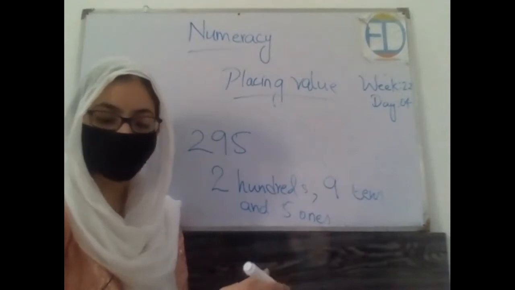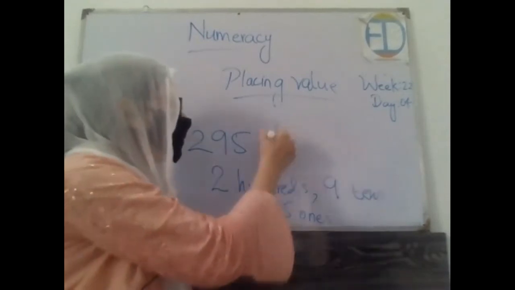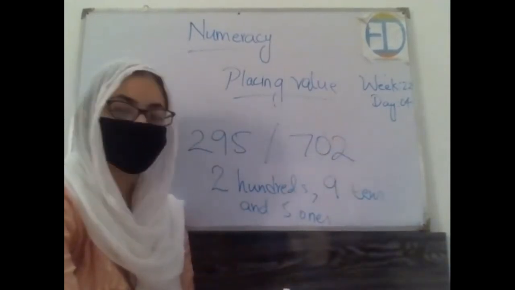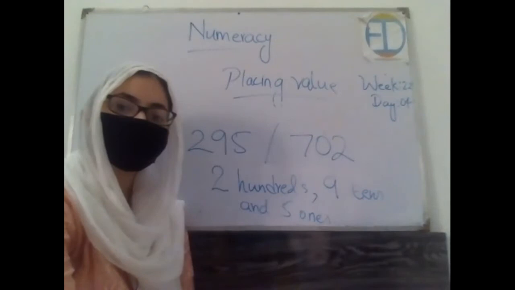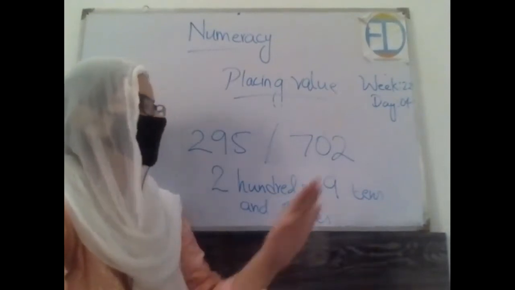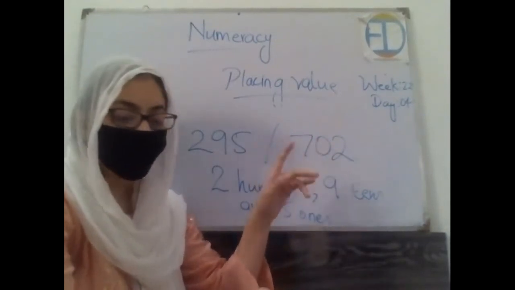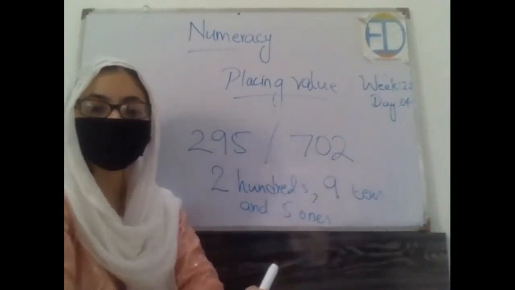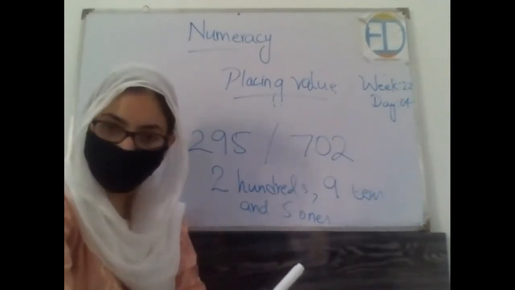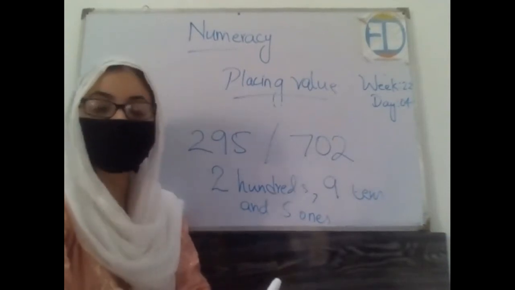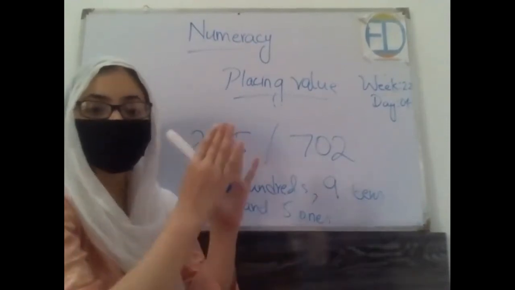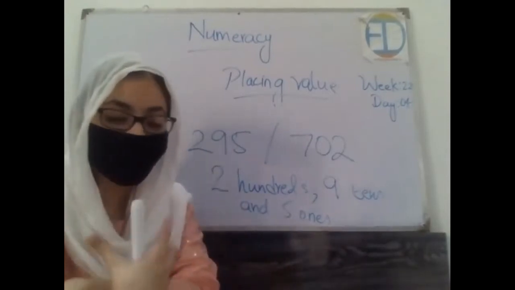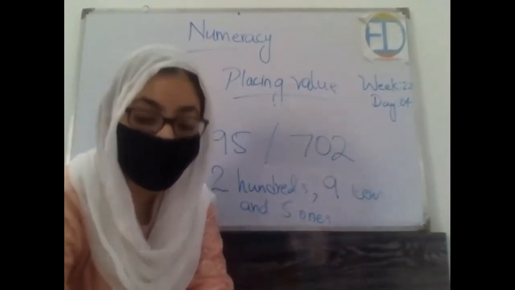What if the second number is 702? It is 700s and 2 ones, because we do not have any tens, right? What if the next number is 395? 300s, 9 tens, and 5 ones, right? So it would come out to be 395. Got it? In this manner, we write the values of the number.